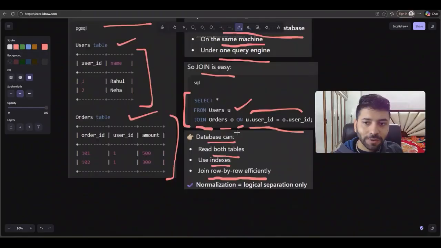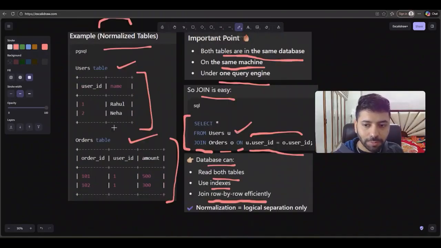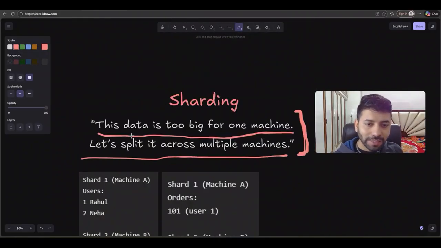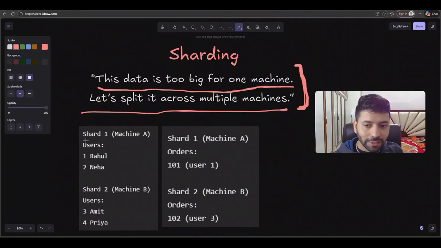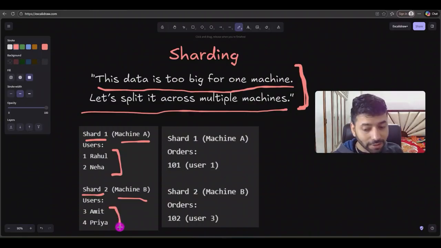Like in normalization we took the example of the users table and the orders table. Now let's see similar for sharding. You can see this is shard 1, which you can take as machine A, and this is shard 2, which is machine B. So two different machines, right? In machine A we have data of users Rahul and Neha, whereas on machine B we have data of users Amit and Priya.